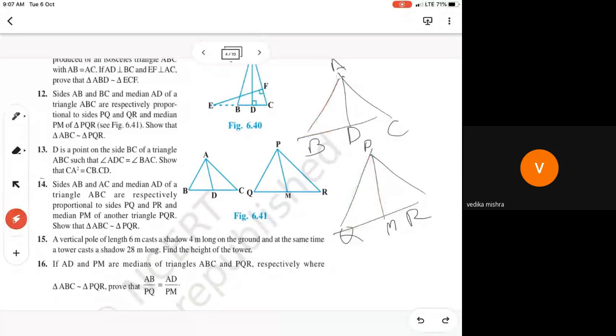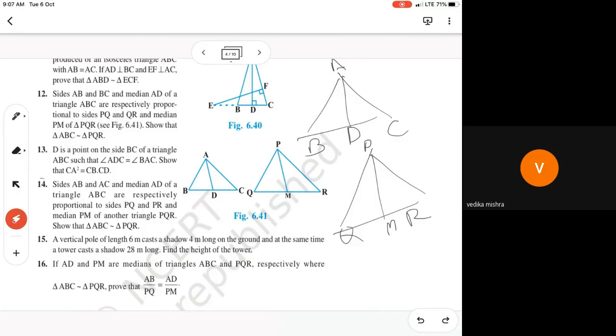Already it is given that these two triangles are similar, so angle B is equal to angle Q. And it is given that AB by BC is equal to PQ by QR. Since it is a median, half of BC is BD and half of QR is QM. We did this in the 12th problem.